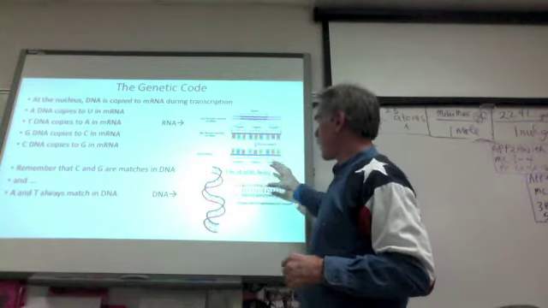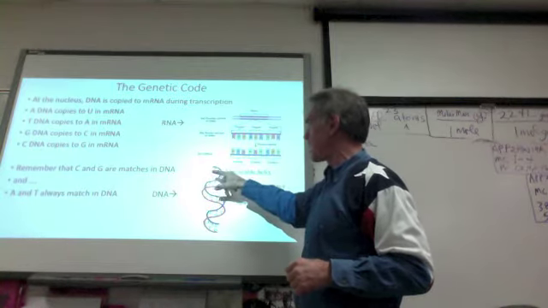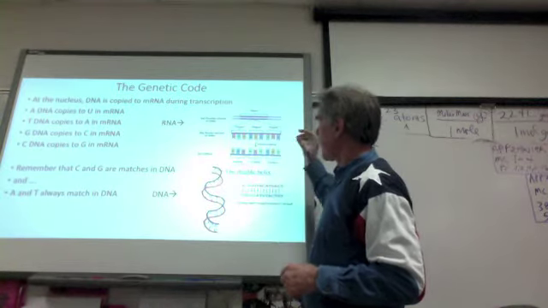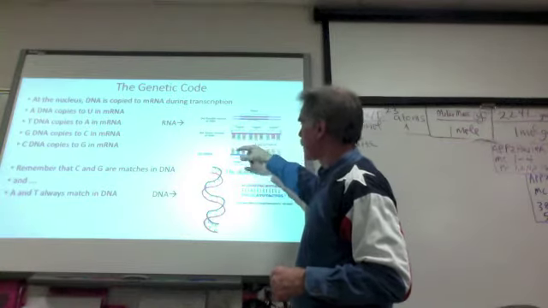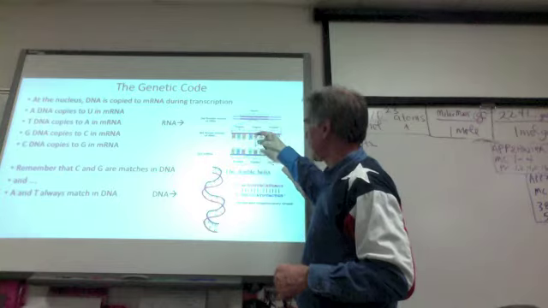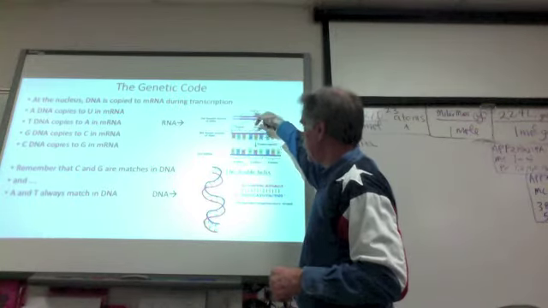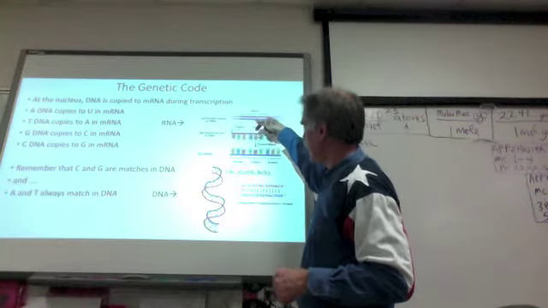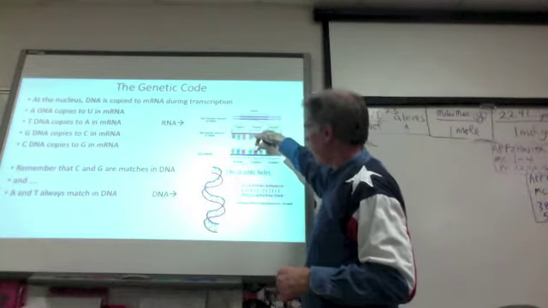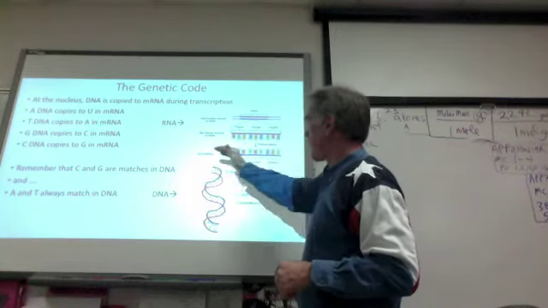So this tells you a little bit about the DNA. It's a double helix, A across from T, G across from C. This tells you a little bit about RNA, where G and C match, T and A match, C and G, but across from A, in this triplet, is a U. So ACA corresponds to UGU on the mRNA.